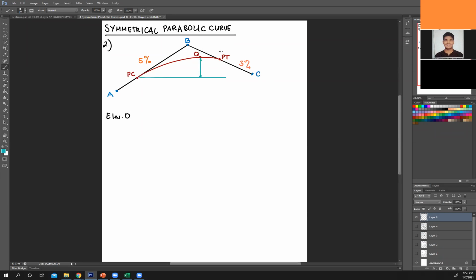And what is that? What variable is this? The vertical difference from PC to summit. Correct, Reynolds. It's H1.